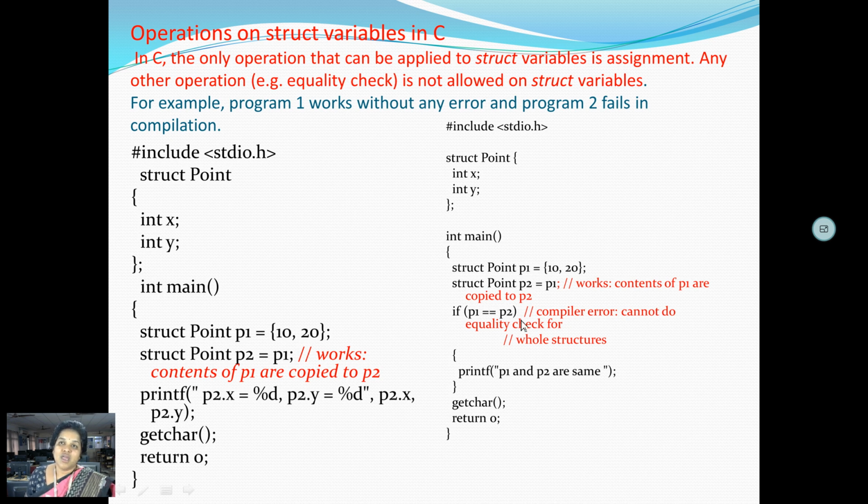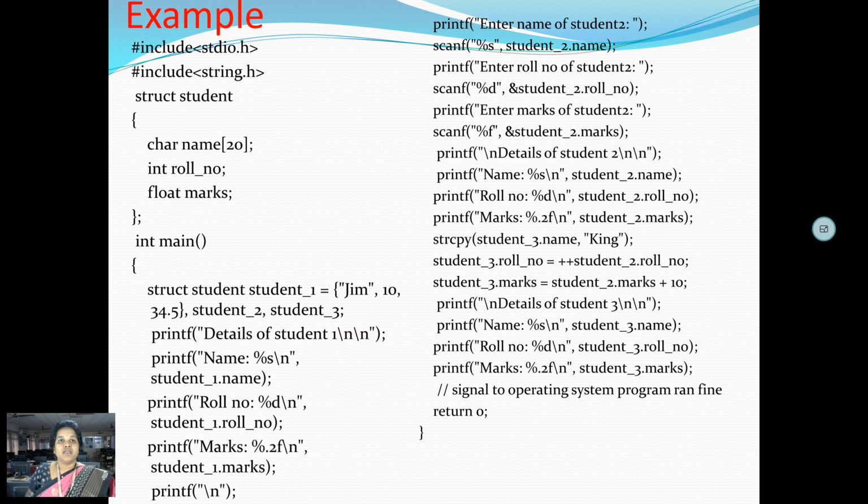But since these are structure variables, that equal to condition checking can't be done on the structures. So what operations can be applied? We can apply the assignment operator, but we can't apply the double equal, that is condition checking, on the structures. Okay. Next, this is a small example program. Here we are going with three structure variables, that is student 1, student 2 and student 3.